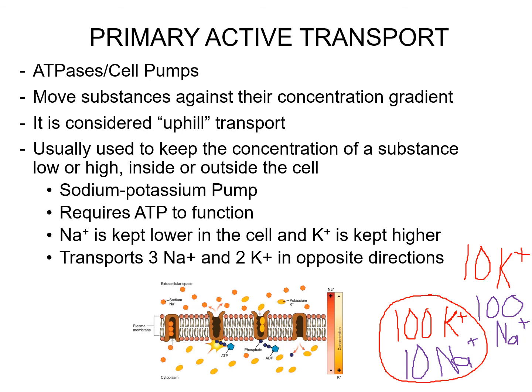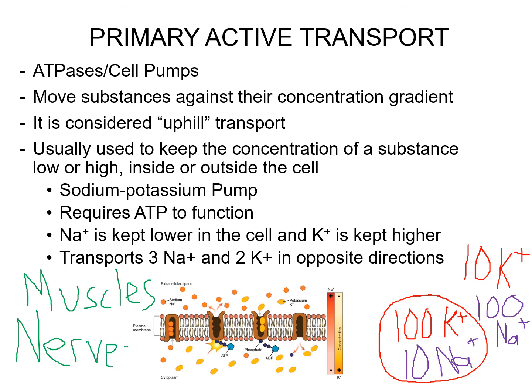But in certain situations, we don't want this to happen. So let's talk about structures in our body that run on electricity, such as your muscles. For example, skeletal muscles and your heart muscle. Also, all of the nerves and other nerve-like things in your nervous system run on electricity.